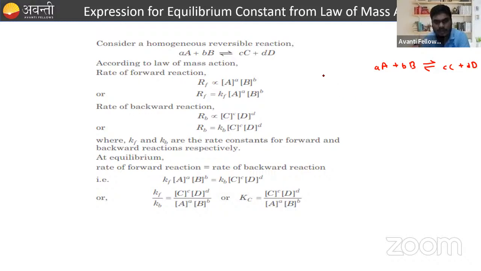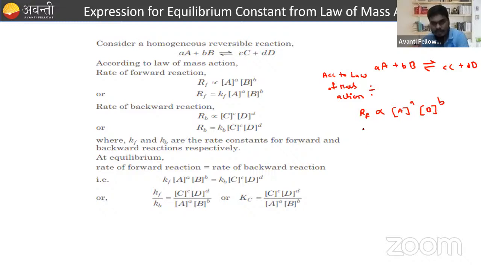According to the law of mass action, the rate of the forward reaction is directly proportional to the concentration of the reactants, that is [A] into [B], right? This is according to the law of mass action.